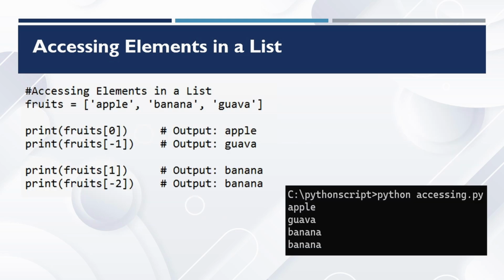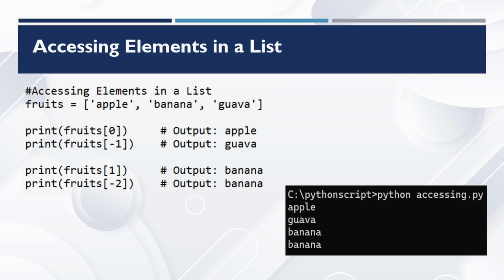Here in this slide, let us look at how to access elements in a list using indexing. We have a list called fruits that contains 3 items: apple, banana and guava. When we use fruits[0], we get the first element, that is apple, because indexing starts at 0.